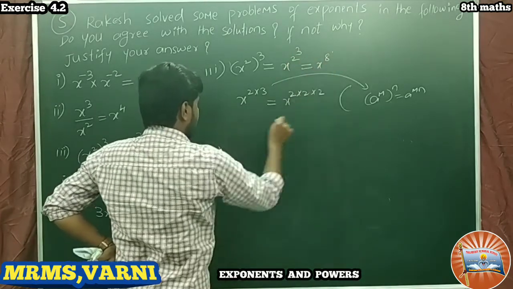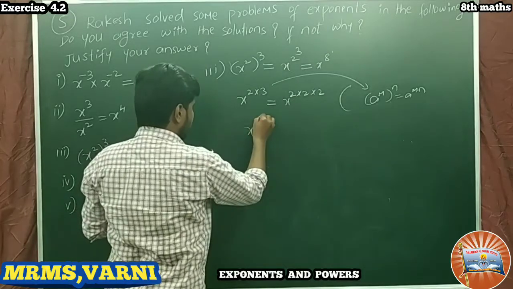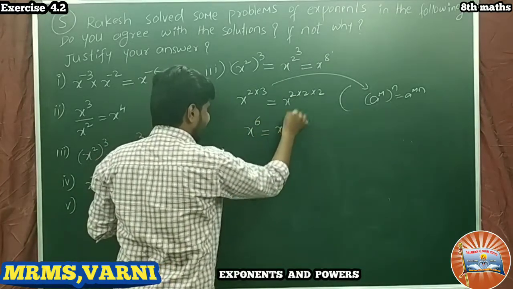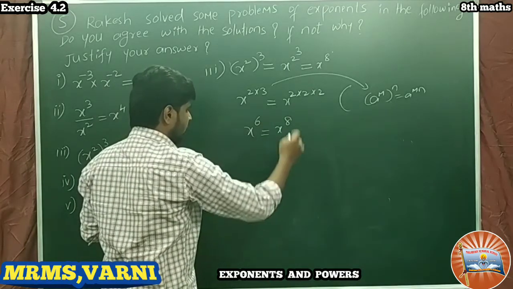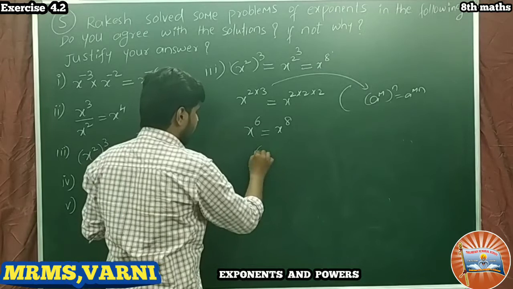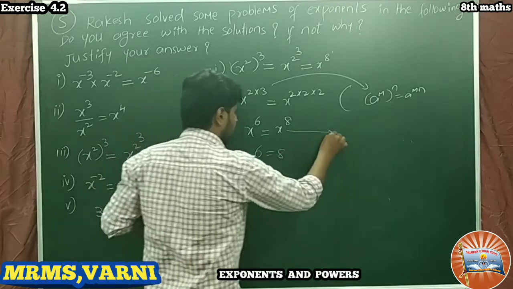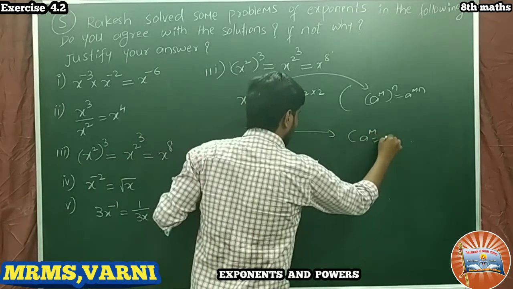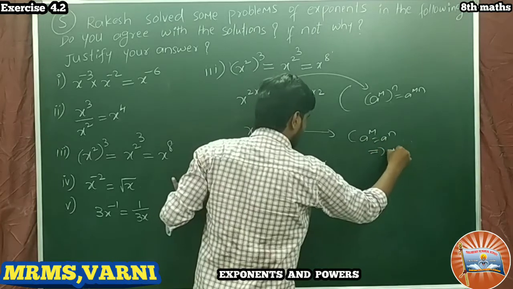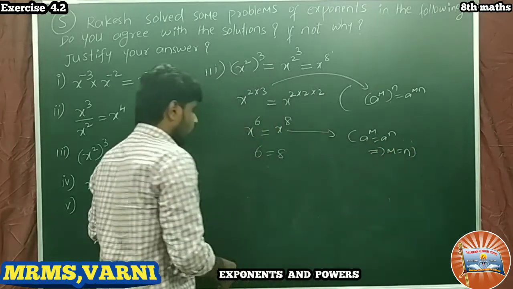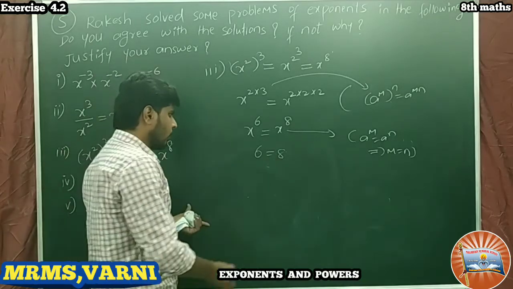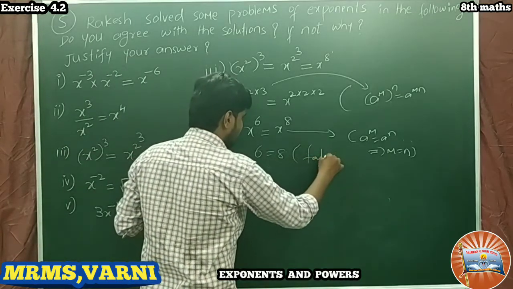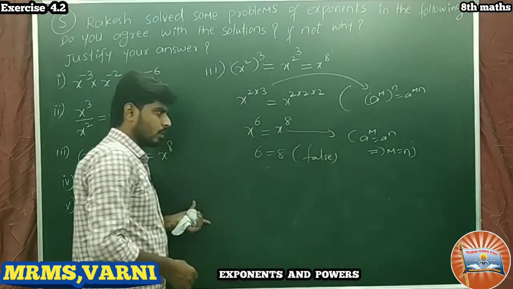So x power 2 power 3 is nothing but x power 6 only. This becomes x power 6 is equal to x power 8. So on both sides the bases are the same, so you can write 6 is equal to 8. Here I have used the formula a power m is equal to a power n implies m equals n. So 6 equals 8 we got. Is it true? No, it is false, because 6 is not equal to 8.